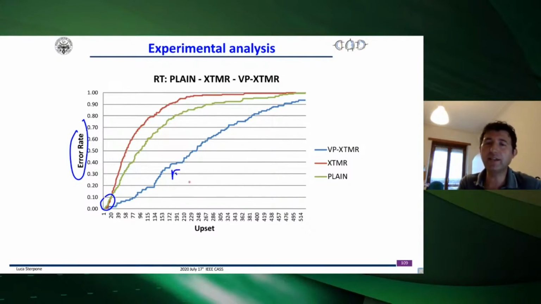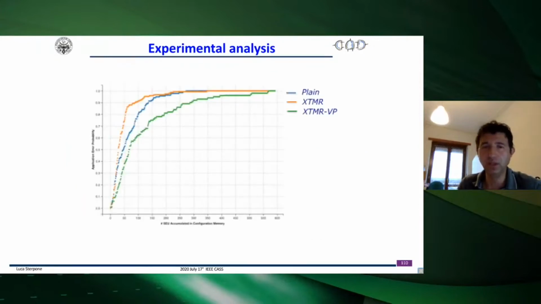But if you place the resources correctly, the blue line here, you will be able to reduce the error rate even in case of accumulation. So it means that you're able to extend the mitigation. And this can be performed in several ways, comparing the various circuits and showing you the various alternatives.